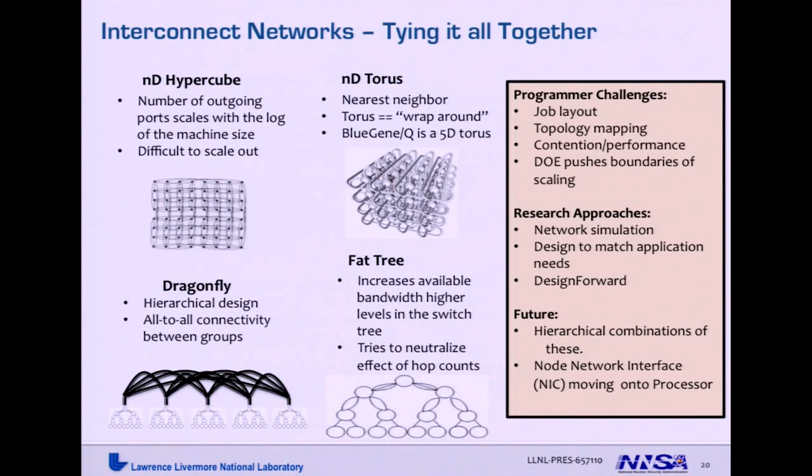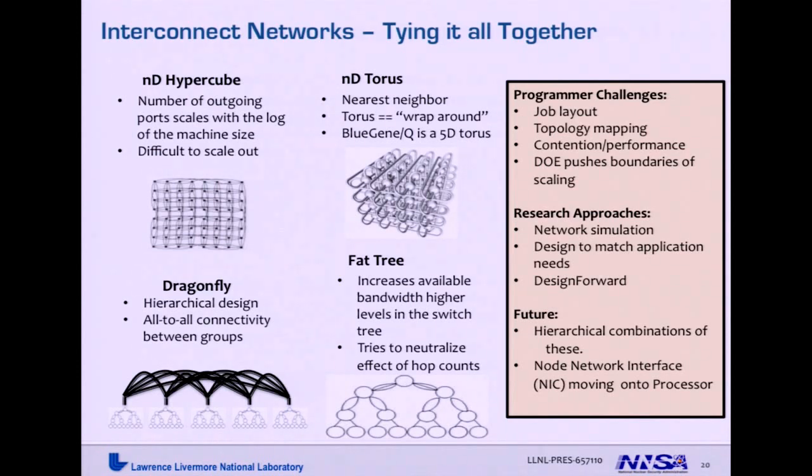The idea of a fat tree is that you've got a hierarchical set of switches where the amount of bandwidth as you go up in this tree doubles or scales with the number of nodes that you've got, so that the amount of aggregate bandwidth between any two nodes in the system is constant.